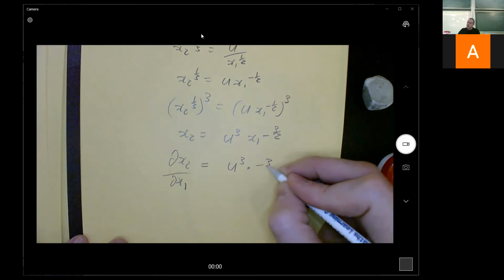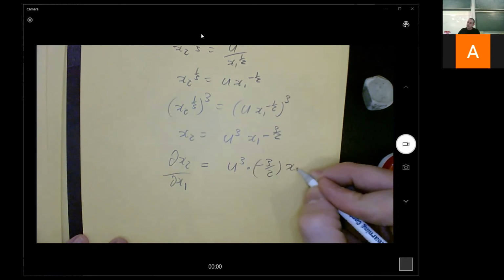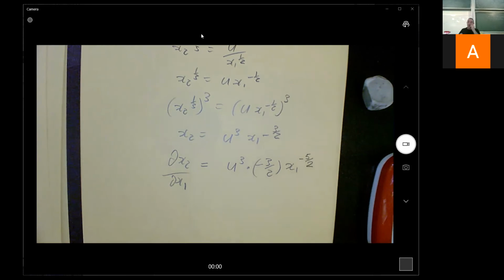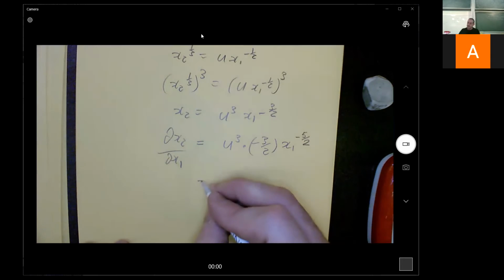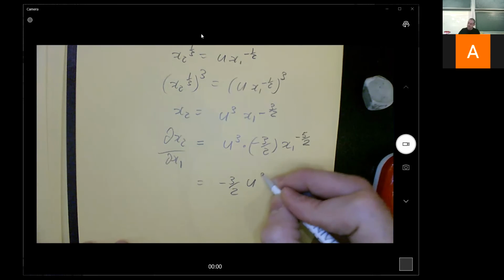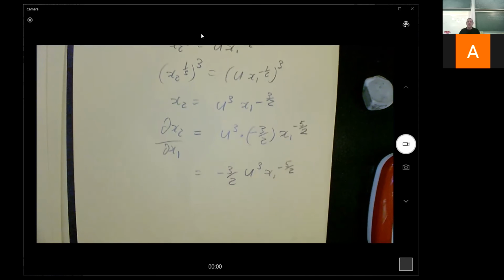I'll multiply by the current power and put the power down by 1. Wow. And you can see that minus 3 on 2, that's where that 3 on 2 is coming from in the other one. I really hope that these are the same thing.